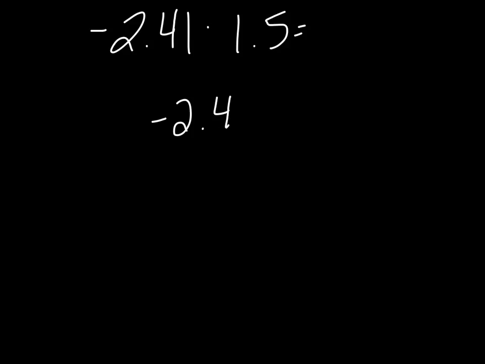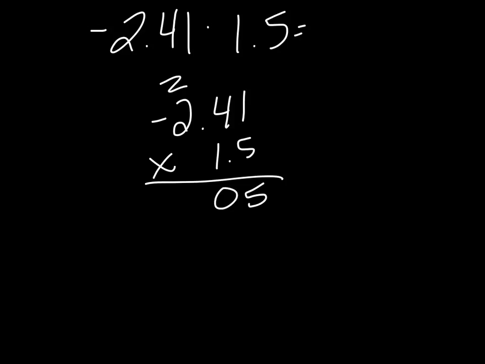And our negative rules still apply for this, so let's take negative 2.41 times positive 1.5. So we line up our last number, not the decimals, and we multiply like normal. So 5 times 1 is 5, 5 times 4 is 20, and 5 times 2 is 10, plus 2 is 12.